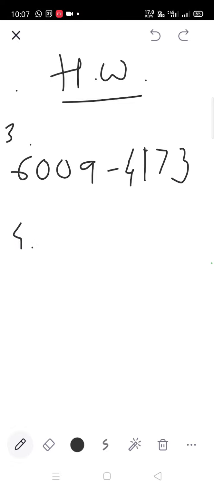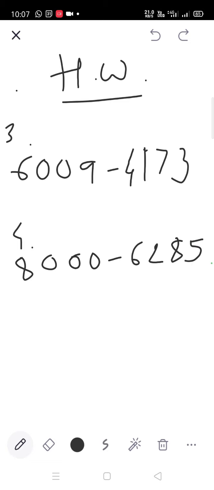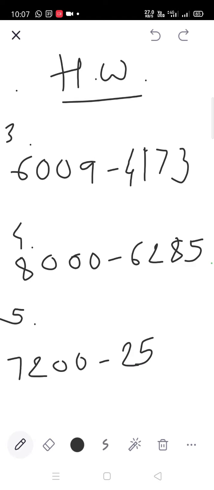Next example, 8,000 minus 6,285. And the last example, 7,200 minus 2,571.